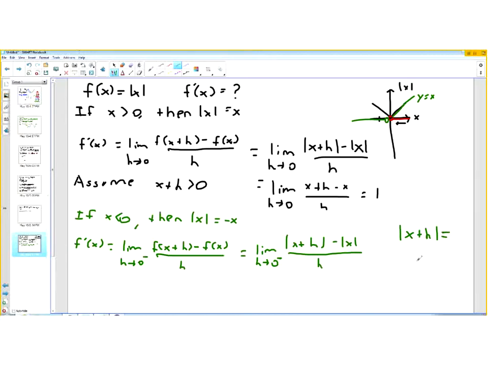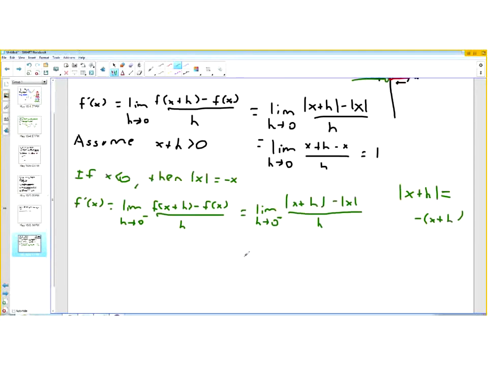So x plus h being less than 0, this would just be the negative of x plus h. And the reason why I want to say this is because in order to take this limit, we have to do it without the absolute value. We have to undress the absolute value. So this would be negative x minus h, and then minus x.